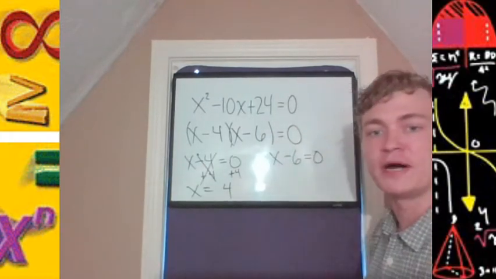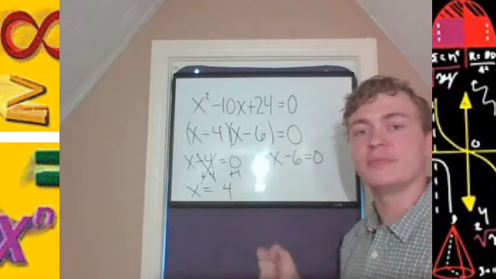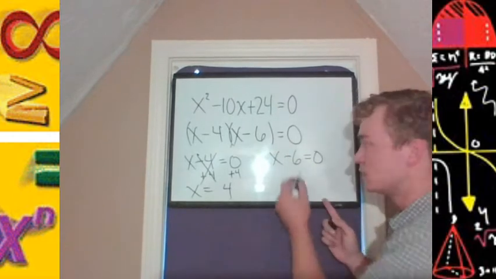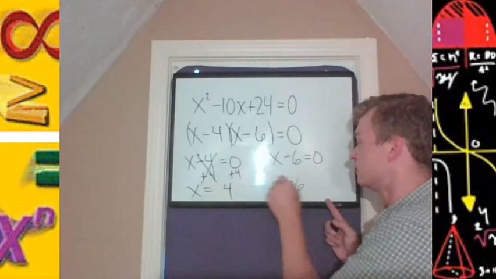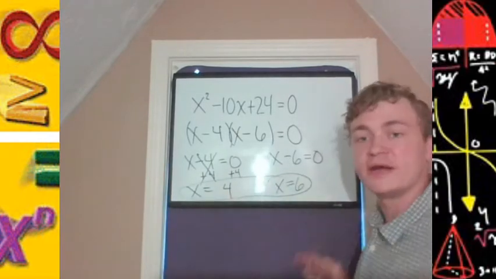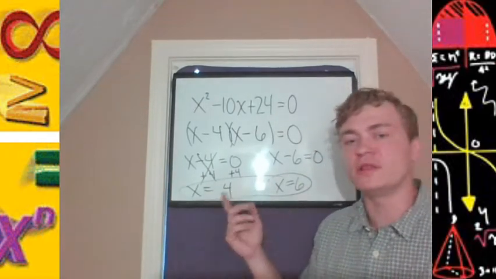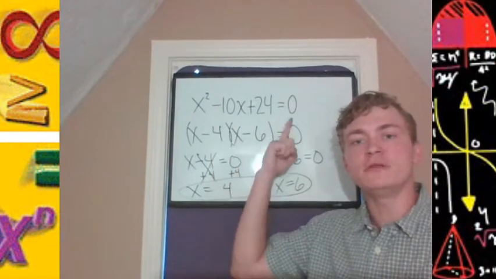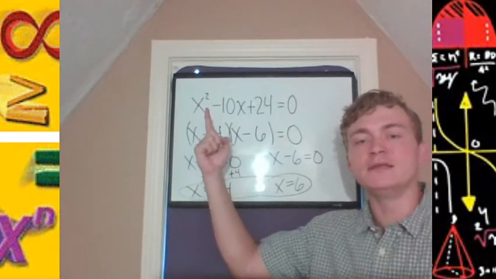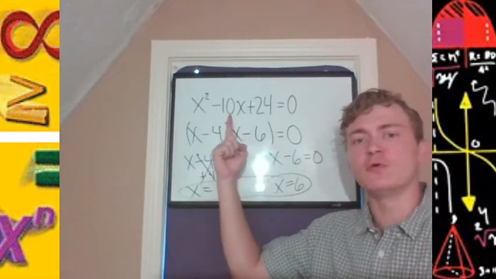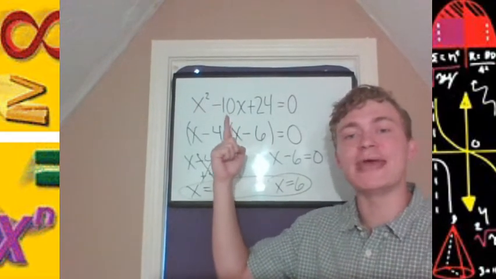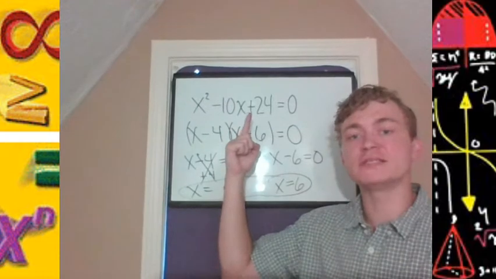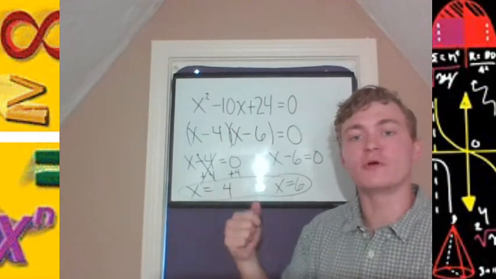After the negative 4 and positive 4 cancel on the left side, combining 0 plus 4 to get 4. Similarly with this one here, adding 6 to each side, we find two solutions of 4 and 6. Very quickly, can we check them? Plug 4 in. 4 squared is 16 minus 10 times 4. Well, 10 times 4 is 40. 16 minus 40 is negative 24 plus 24 is 0. 4 is a solution.